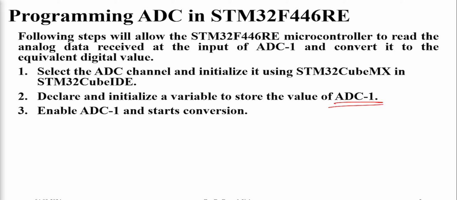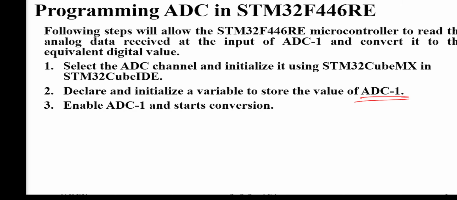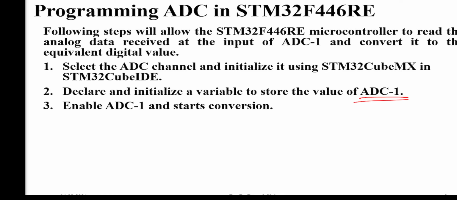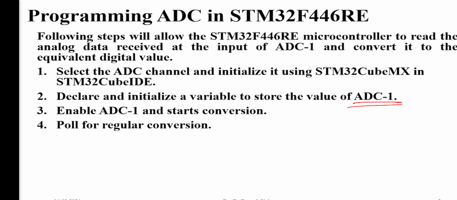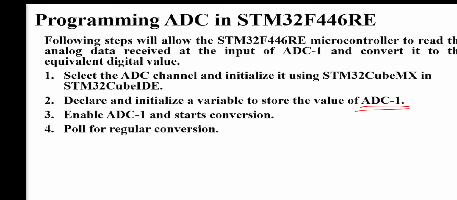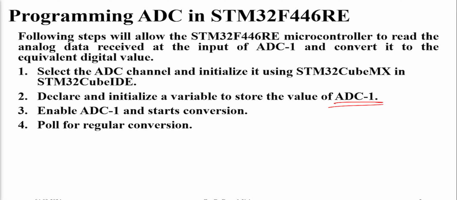Then we'll be enabling the ADC channel 1 and starting the conversion. And then we'll be performing the polling operation to read the value of analog voltages. And then the ADC will be converting it to its equivalent digital value.